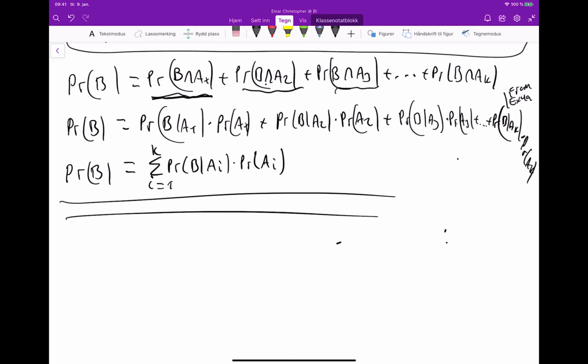Okay, and then we go for C. Now it gets a little more easy. We deduce Bayes, the well-known Bayes theorem.